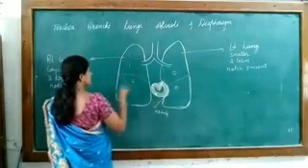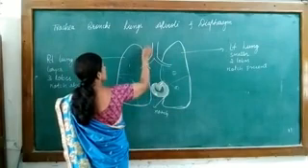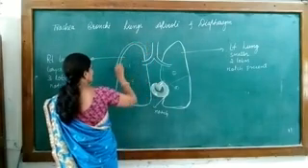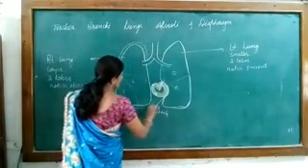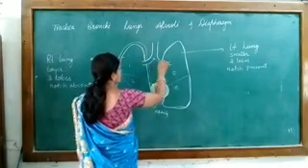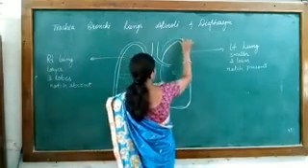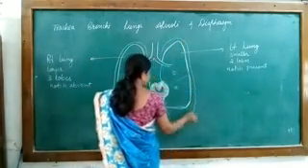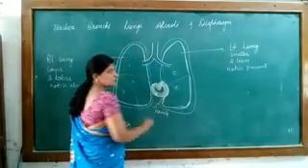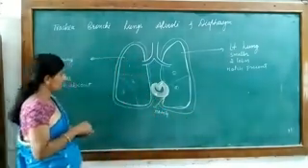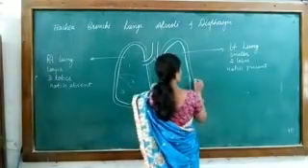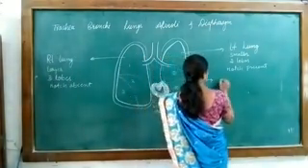One is the parietal membrane and the other one is the visceral membrane. The outer membrane of the lung is called the parietal.